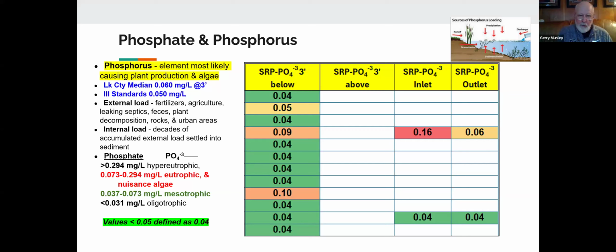So in order to display some of the measurements, I made those less than 0.05s equal 0.04. I did it as a visualization method. But if somebody wants to give me $5,000 to $10,000 for a really nice spectrophotometer that reads down to 0.01, I will gladly use it.